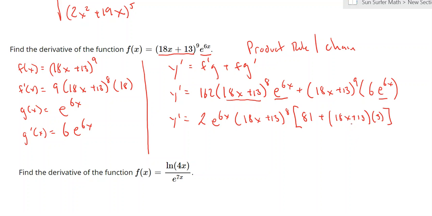And so we can probably clean that up a little bit. We have y prime is equal to 2e to the 6x times 18x plus 13 to the 8th power, and then 3 times 18 is going to be what? 54x.